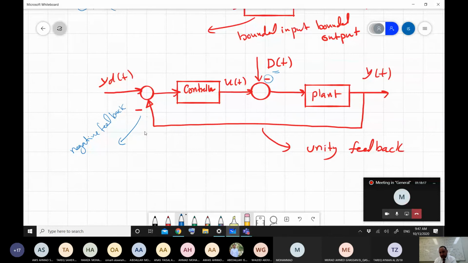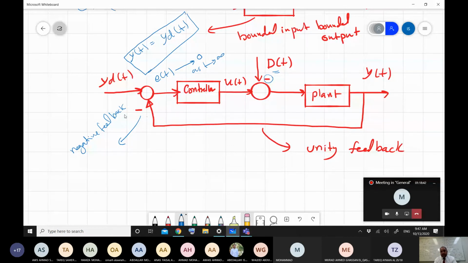And why are we using negative feedback in the closed loop? Because I need to minimize the error signal. My objective is to make the error signal zero as t goes to infinity, which for sure will say that y of t is equal to y desired of t, and this will satisfy the objective of the control.